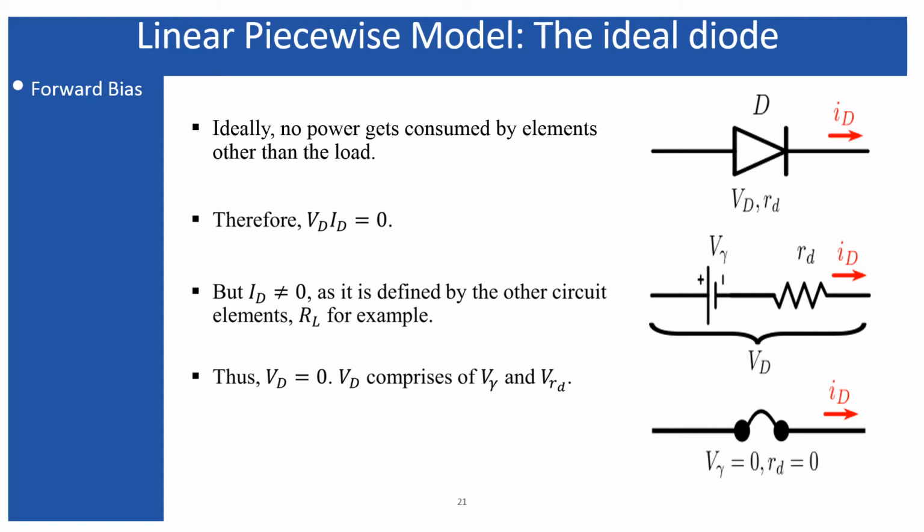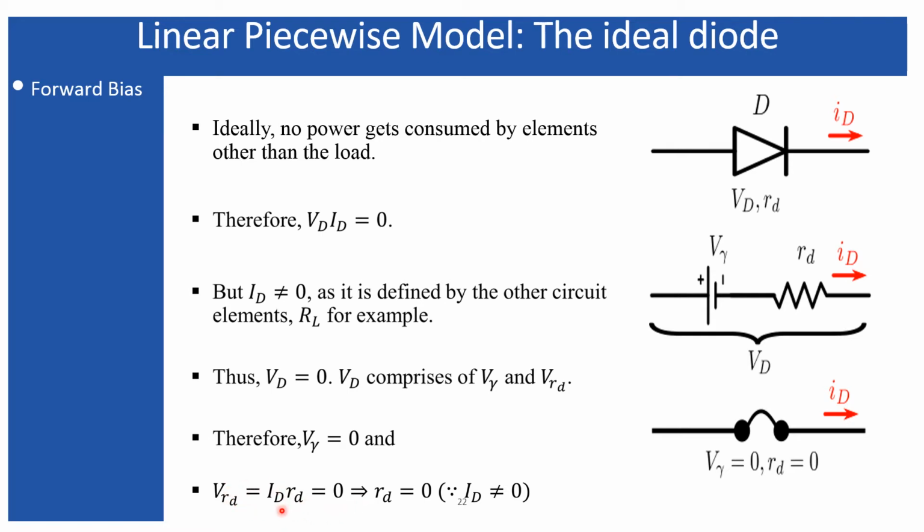And that means V gamma itself is 0. V gamma 0 means this is shorted, because when a voltage source goes to 0, that represents a short circuit across it. And VRD, which is the voltage drop across this resistance due to this diode current ID, will be equal to 0.